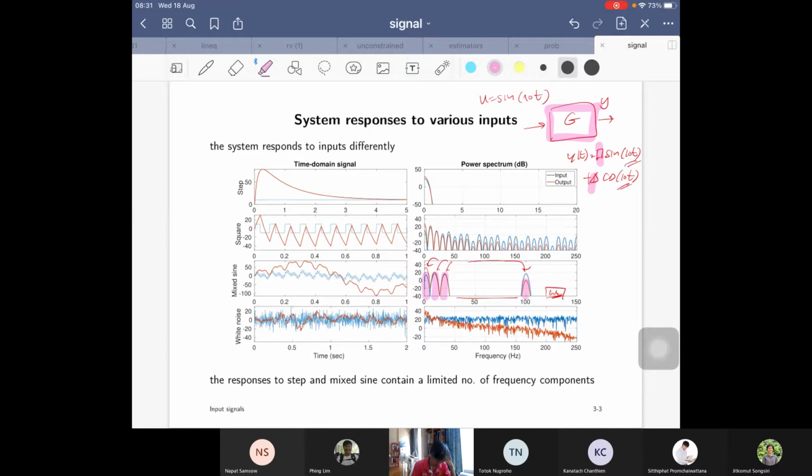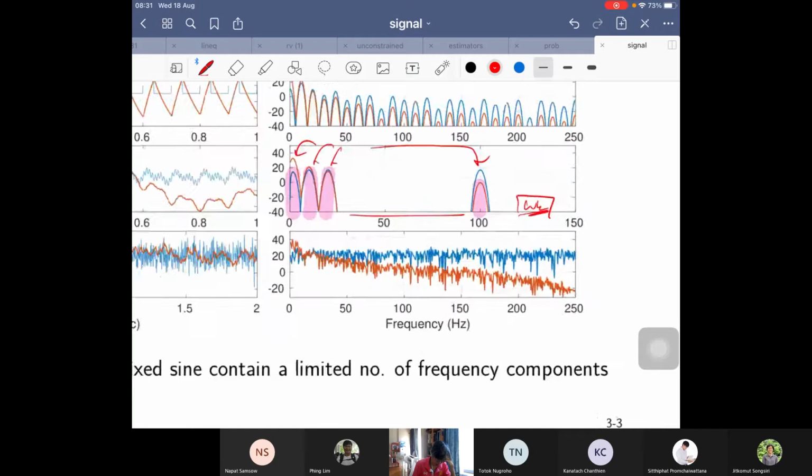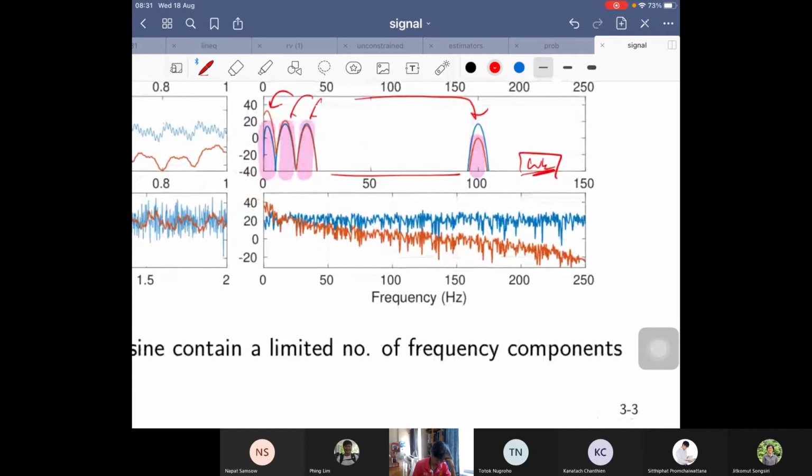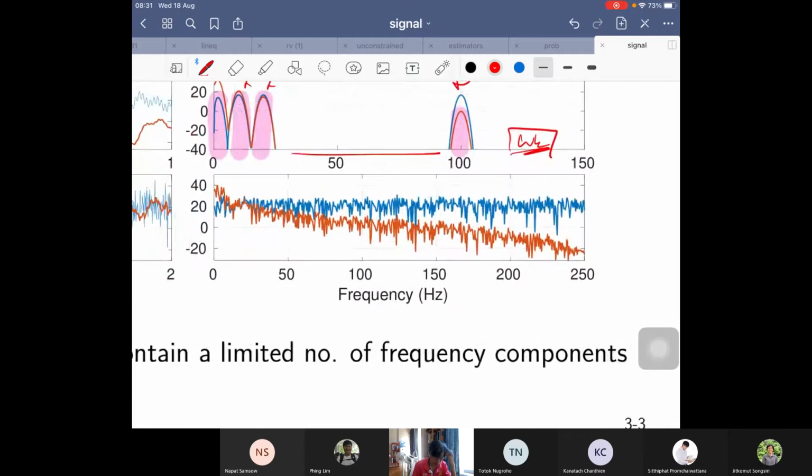Okay. Now, if we look at the last case, it is the white noise. This is the white noise property. If you look at the power spectrum, which is the blue line, it is flat, which means the power spectrum seems to be constant over all frequencies. I mean, theoretically, it's a constant, but of course, this is the simulation.